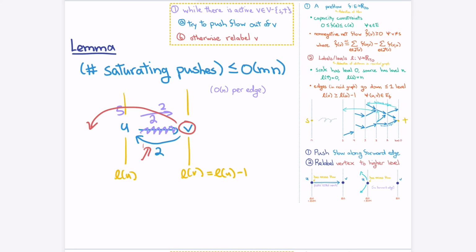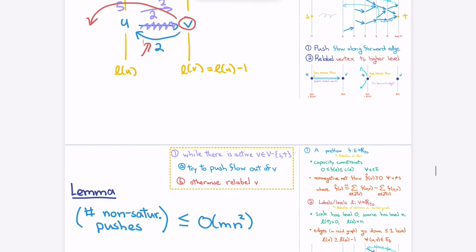So you put that all together and you say, oh, okay, every time I use up an edge, I can charge it to v going up 2 levels. v can only go up 2 levels n times. So I can only use up this edge n times. So it's actually very similar to the argument we had before for the Edmonds-Karp algorithm. Okay, good. So the number of saturating pushes is at most mn.